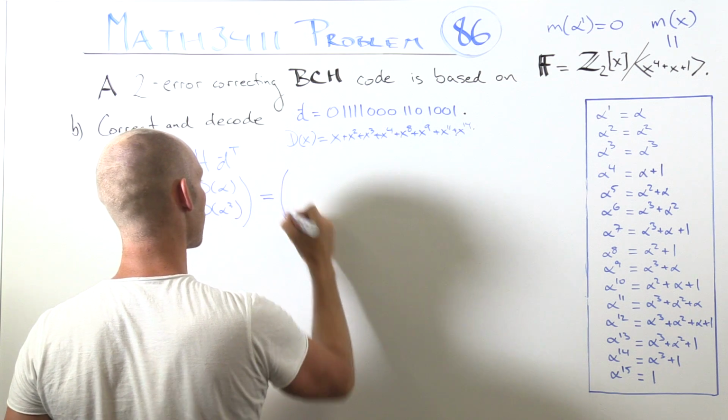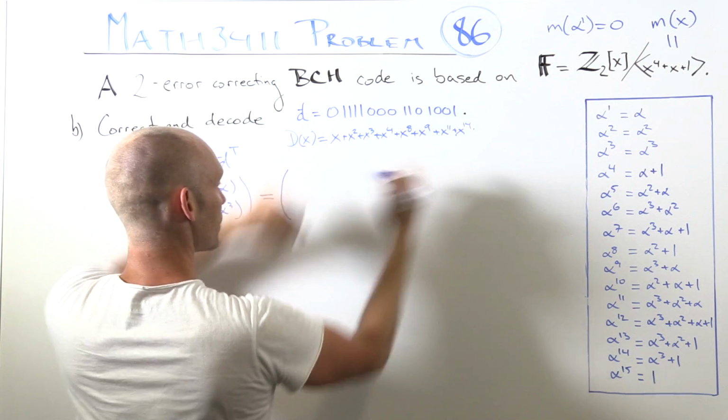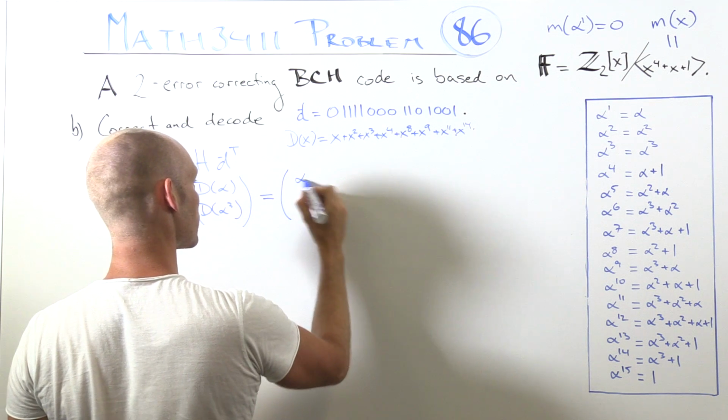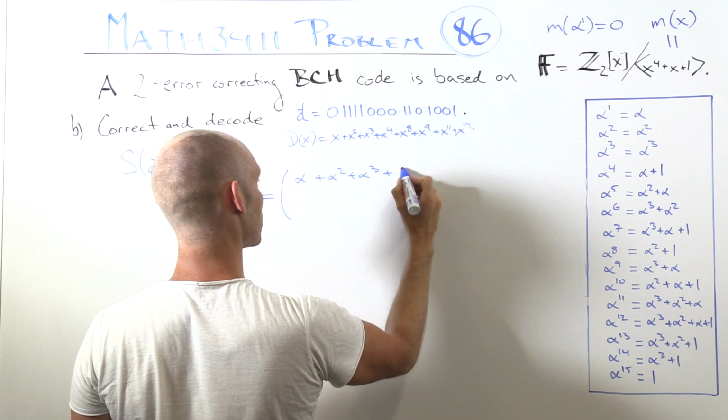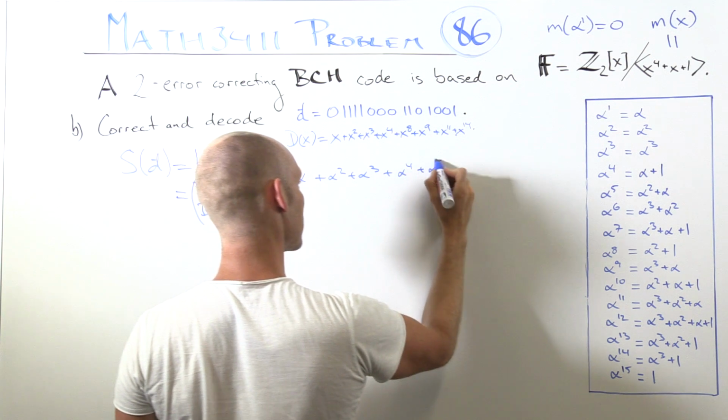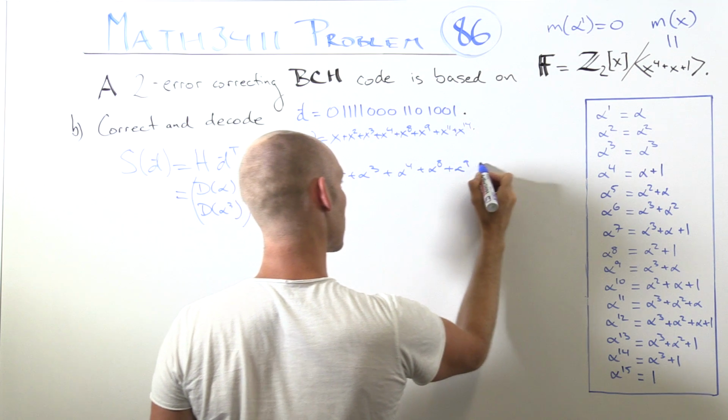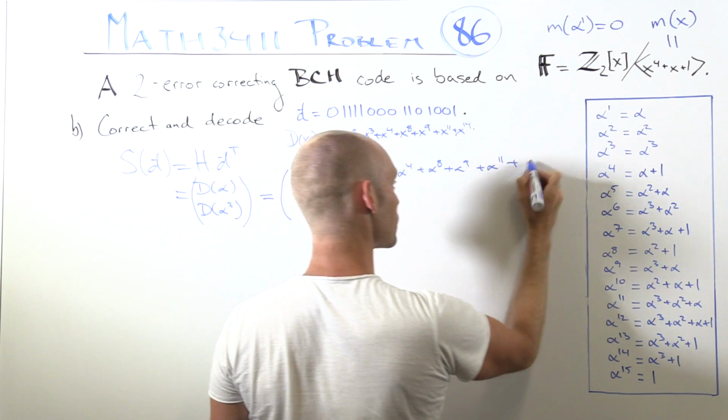We have d of alpha is just this polynomial there, evaluated at alpha: alpha plus alpha squared plus alpha cubed plus alpha to the power of 4 plus alpha to the power of 8, 9, 11 and 14.